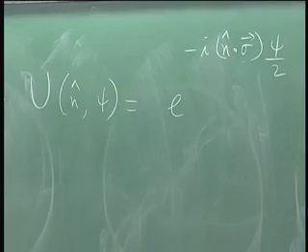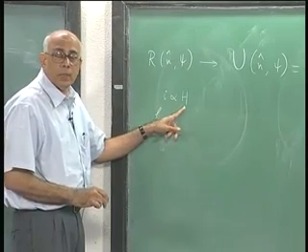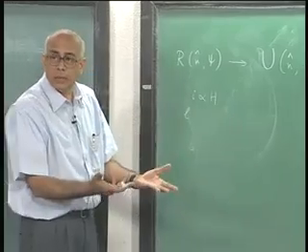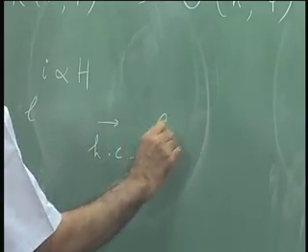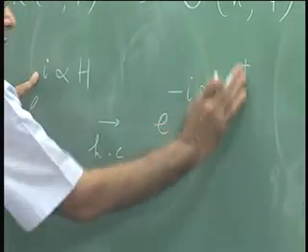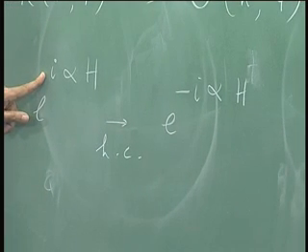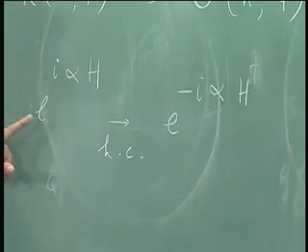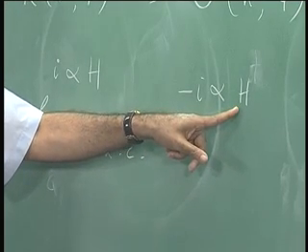If I take its Hermitian conjugate, I get e to the minus i alpha, alpha is real, H dagger, but this is the same as H. So taking the Hermitian conjugate gives you e to the minus this, which is the inverse.